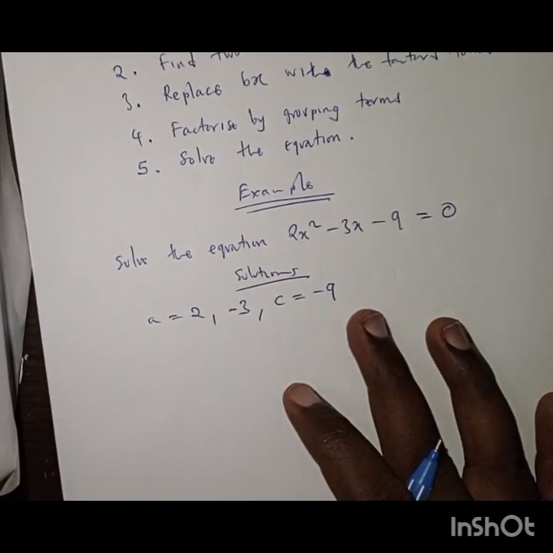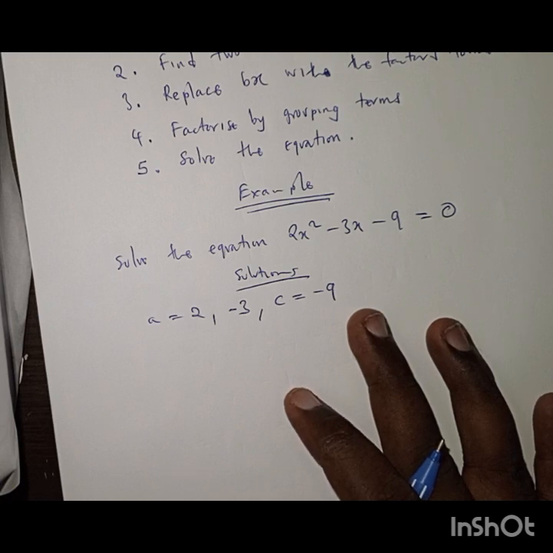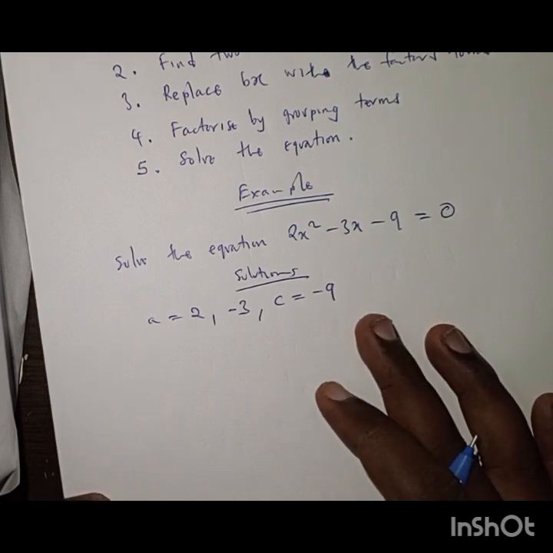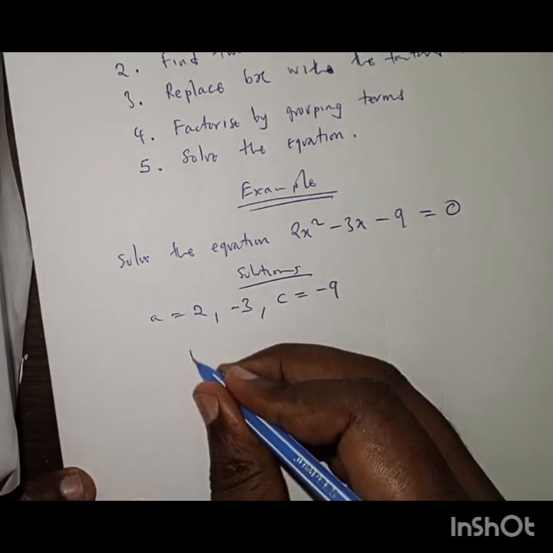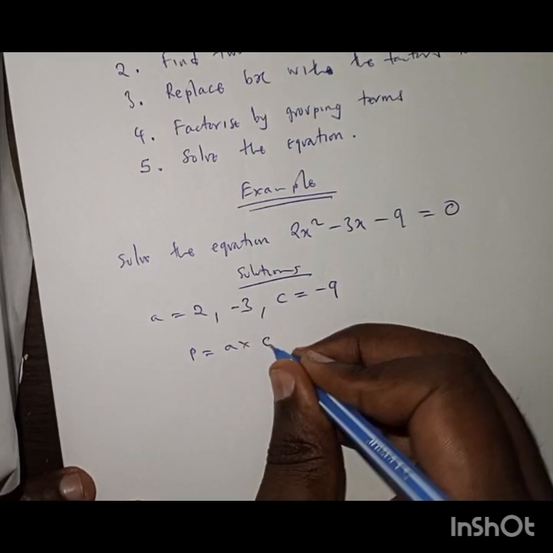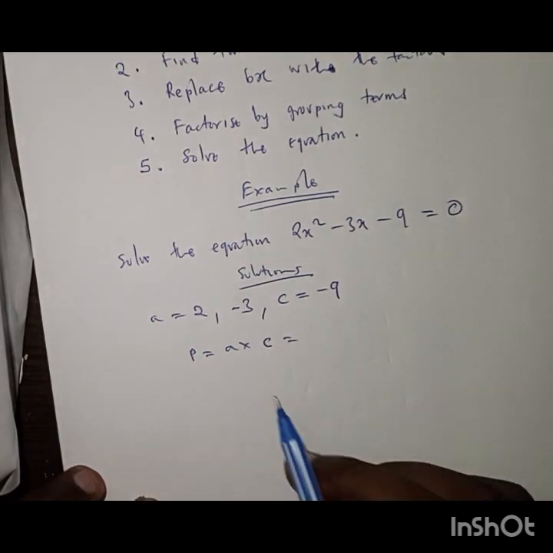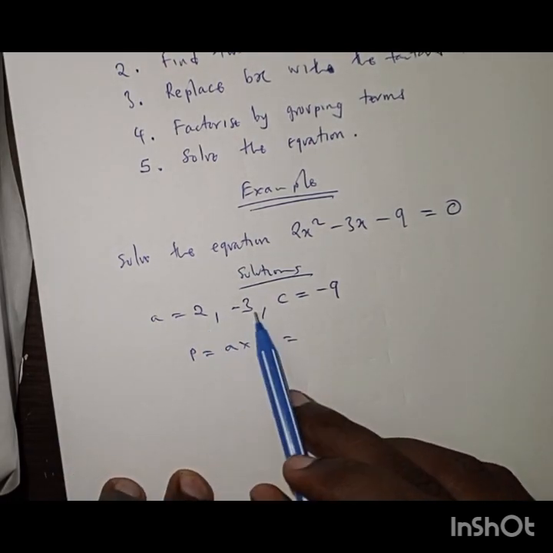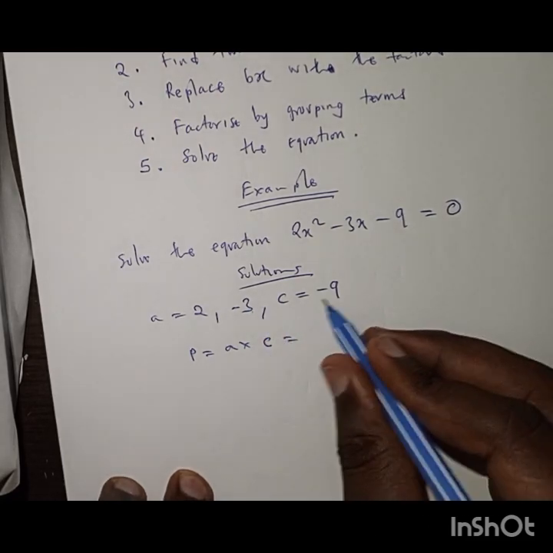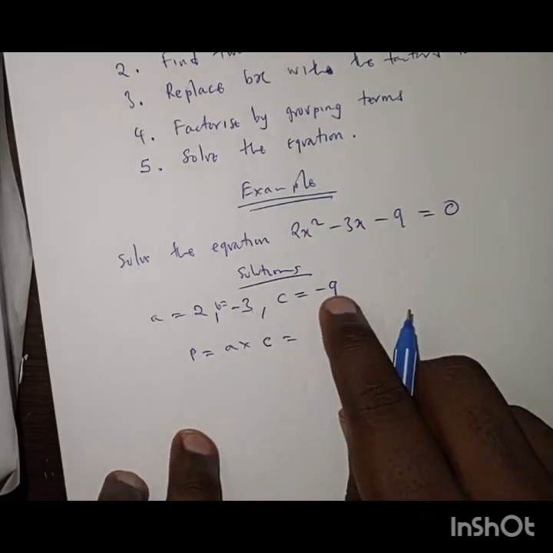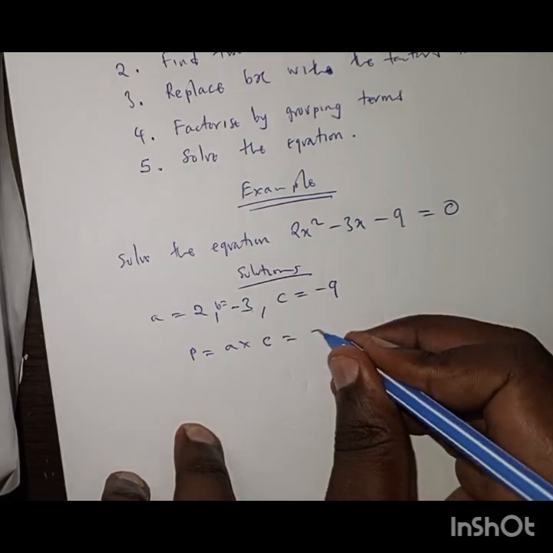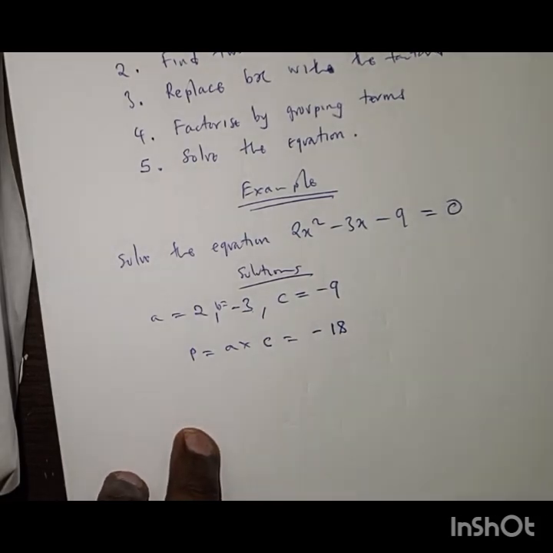Step 1 says that we're supposed to find the product of a and c. In mathematics, if you hear the word product, it means you multiply, because product is the result you get after you multiply. So product is a times c: 2 times -9, and you get -18.